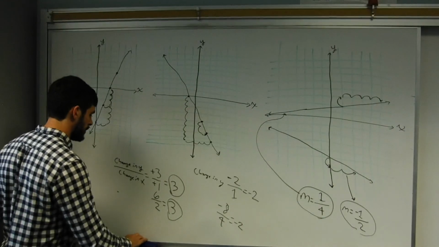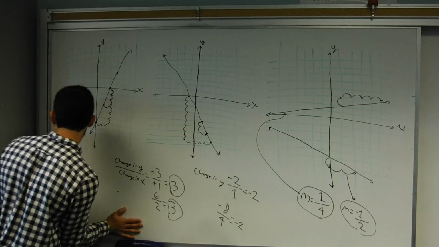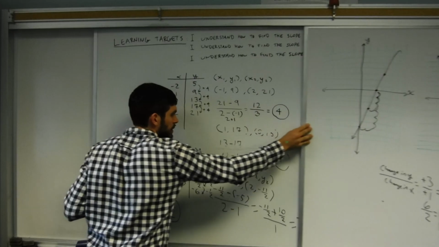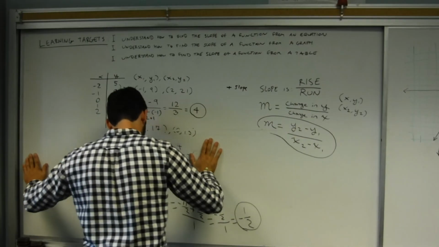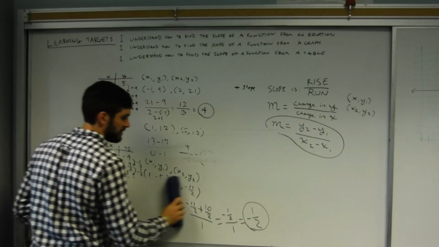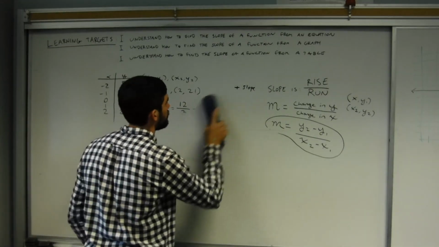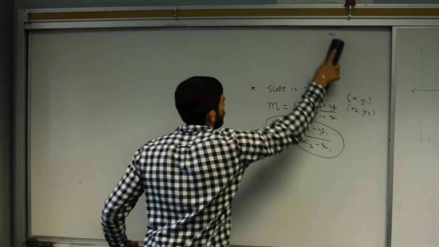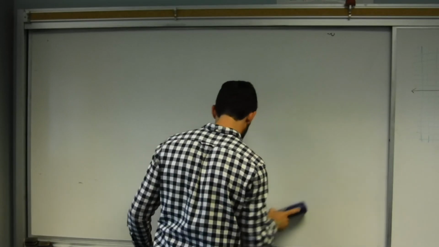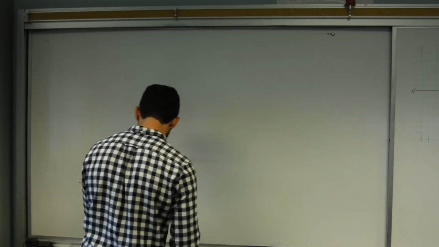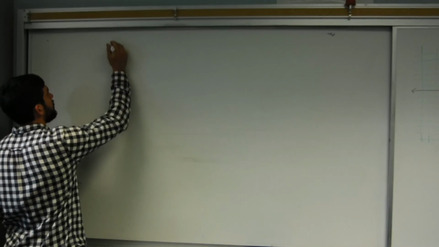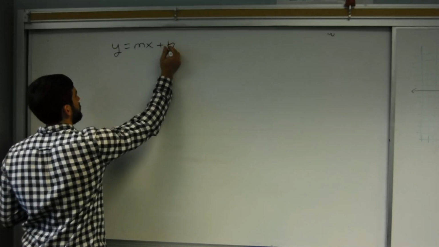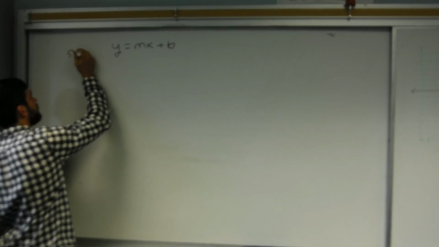And now the last one we're going to do is finding slope from an equation. So this is probably the trickiest one. The good news is, if we recall from last lesson, we introduced slope-intercept form.